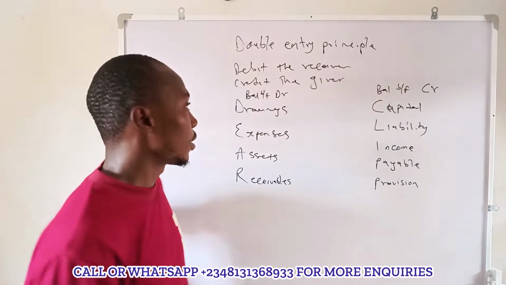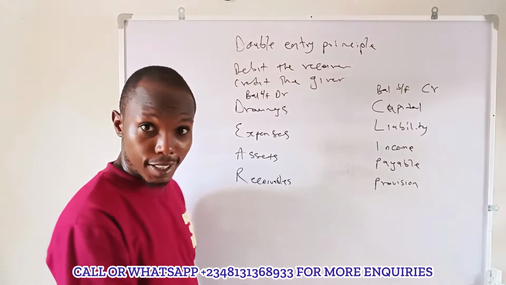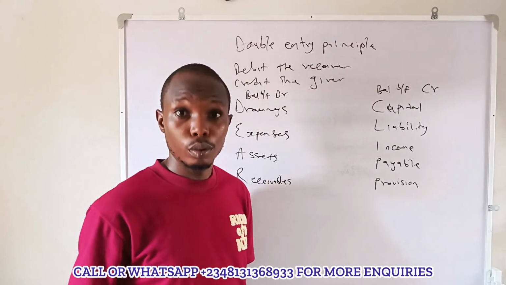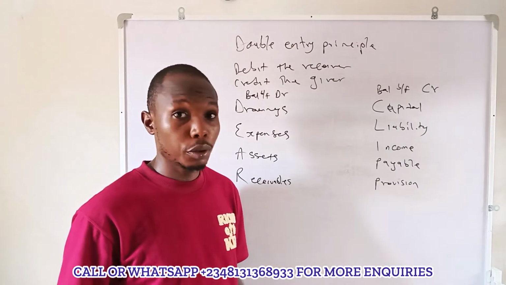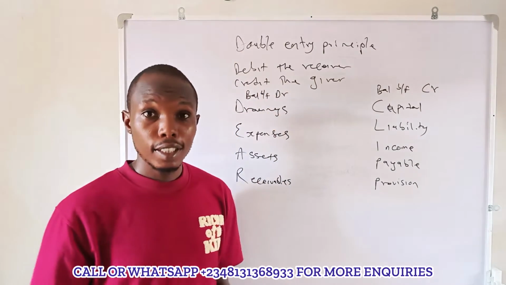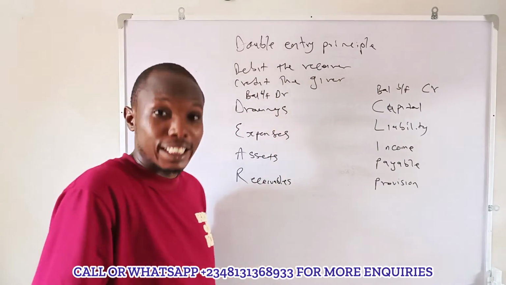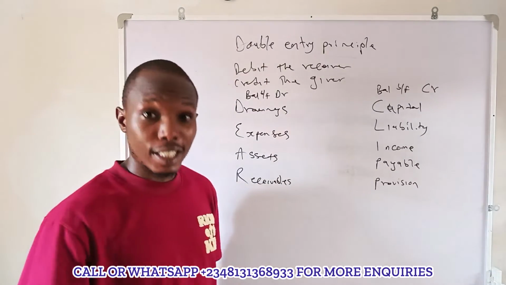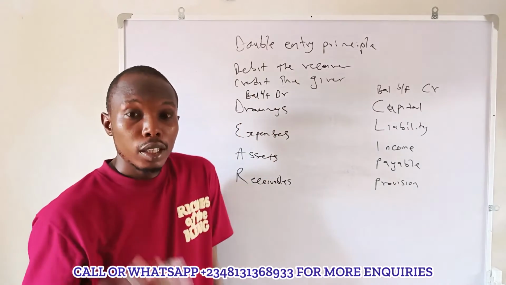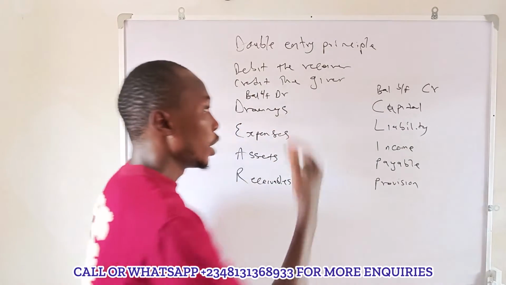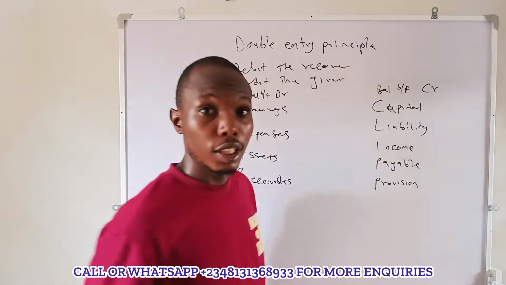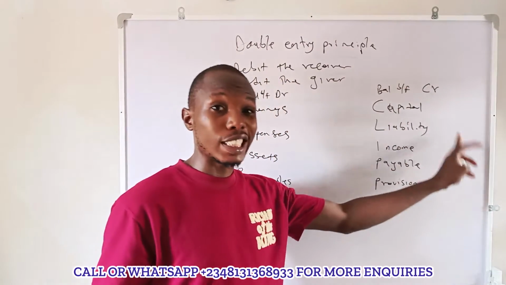So for the DEAR, the debit side is favorable. Their balance brought forward or any posting to the debit side of these DEAR accounts means it is increasing. If you post to the credit side of any of these CLIP accounts, it also means it is increasing.